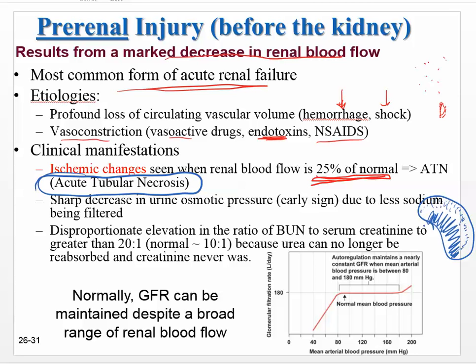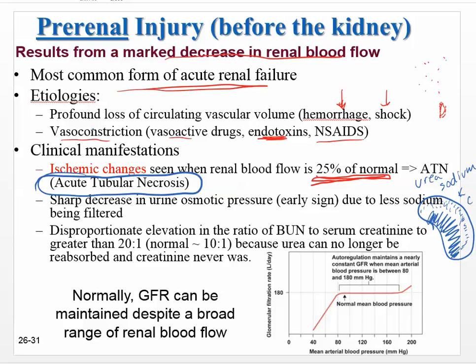A lot of this is controlled by things like urea, sodium, and other salts, potassium, chloride. Other particles too contribute, but mainly it's sodium, urea, potassium, chloride. And so if you've decreased blood flow to the kidneys, then this is going to be messed up.